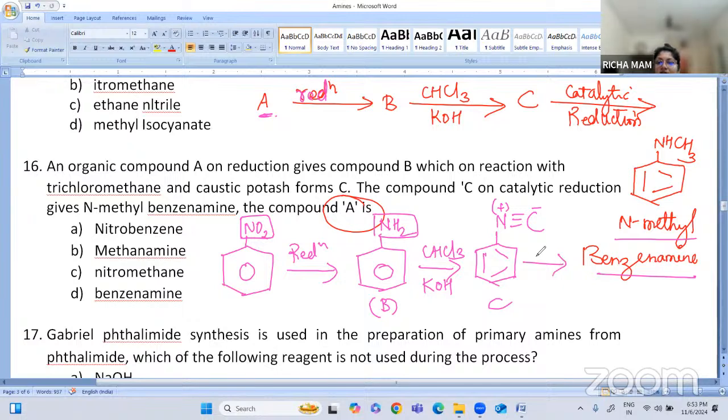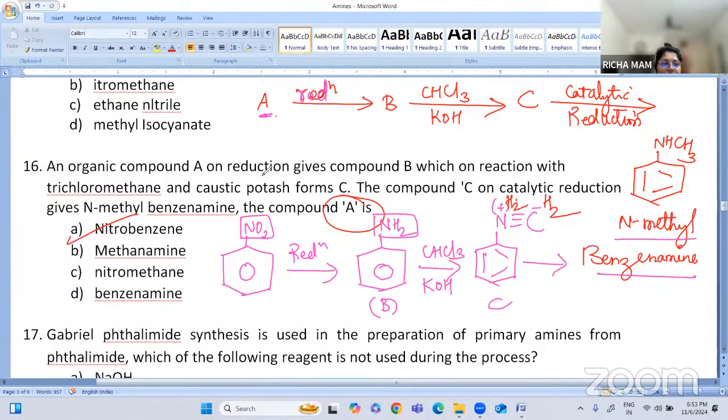When you do a catalytic reduction, which means addition of hydrogen, here two hydrogen, here two hydrogen, what I am going to get is NH2CH3. So the answer is option A, nitrobenzene.